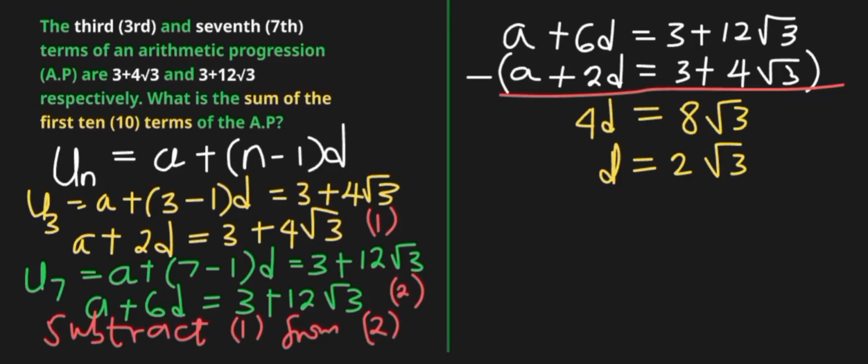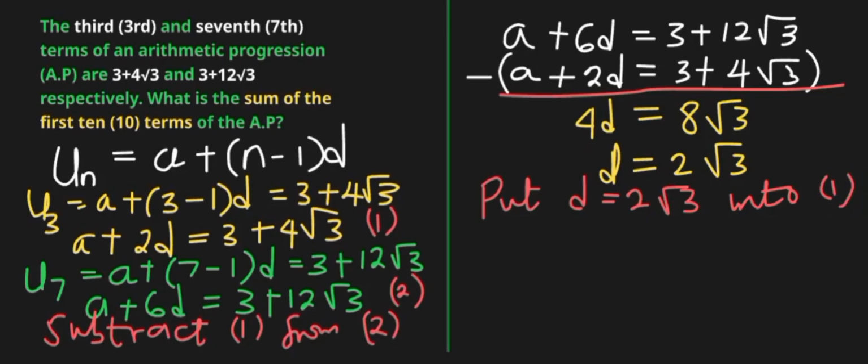This is plugged into any of the equations, but probably equation 1, in order to get the corresponding value of the first term a. So we put d equals 2 root 3 into the first equation, equation 1. This means that a plus 2d, that's a plus twice of 2 root 3, is equal to 3 plus 4 root 3.